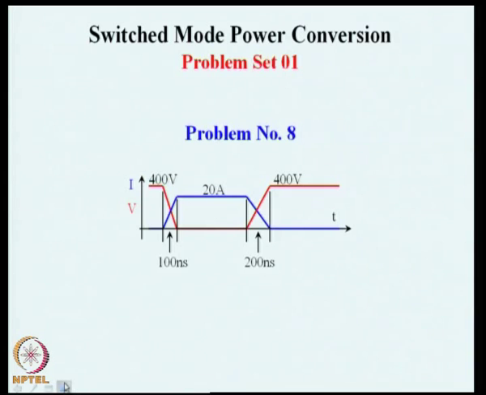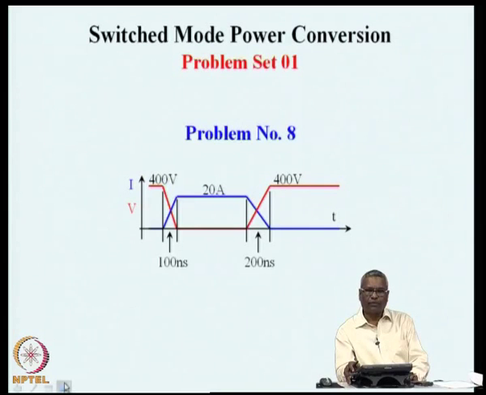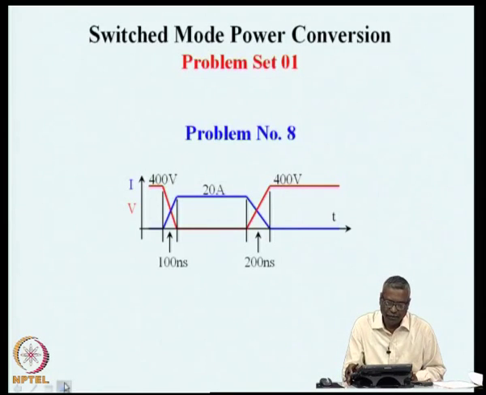So, let us look at another problem which has to do with the dynamic conditions. What we see here in this problem is the voltage across a switch and the current through a switch for a full cycle.